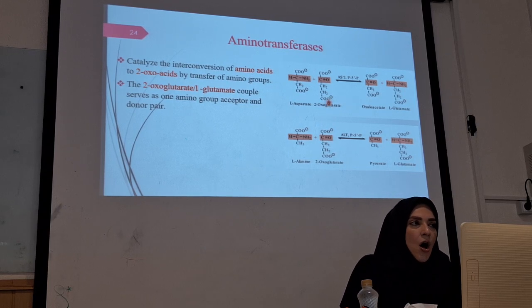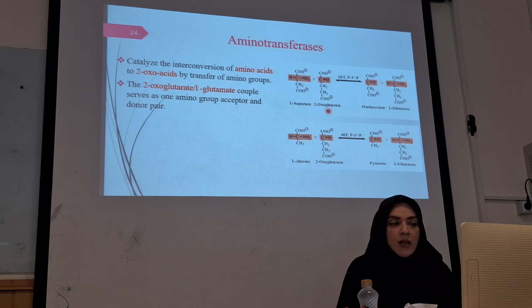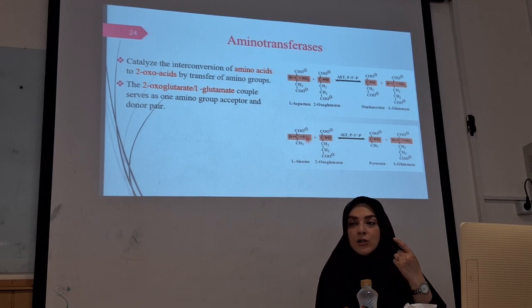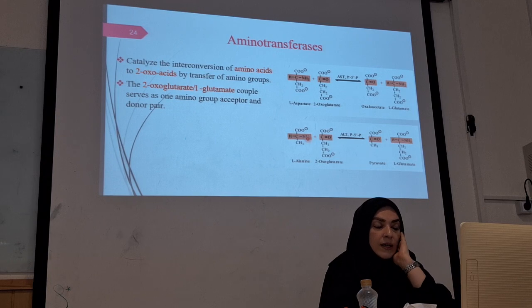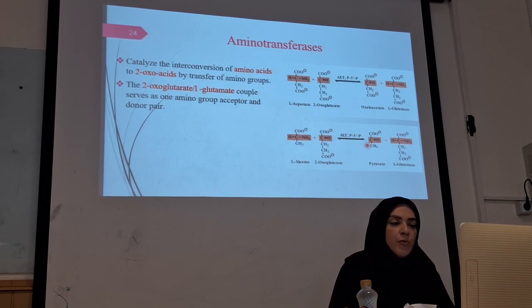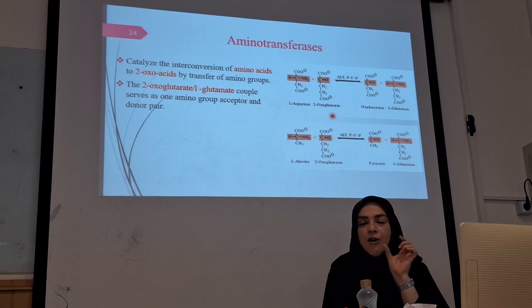If I add an amine group to alpha-ketoglutarate, what is the product? Glutamate. We should consider this point because tomorrow we should memorize all these details because these are very, very important steps of amino acid metabolism.